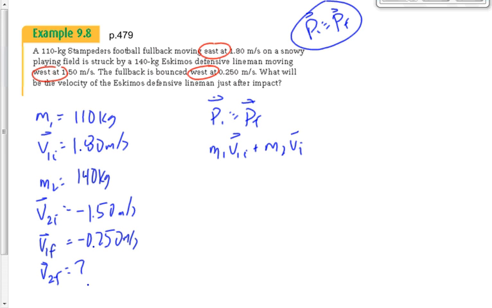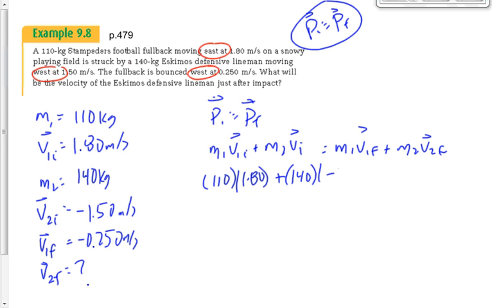I'm not going to just scratch one of those out because they're both moving, right? Two objects afterwards as well, M1 V1F plus M2 V2F. Don't forget the negative there. Negative again because it's to the west.